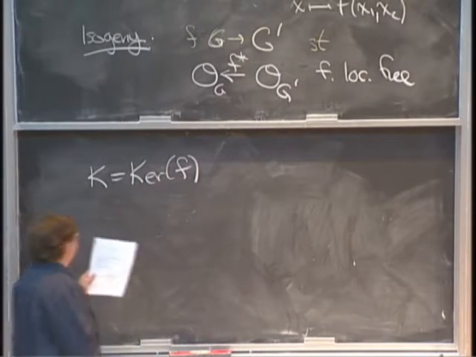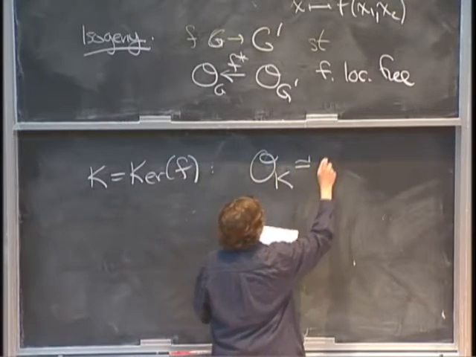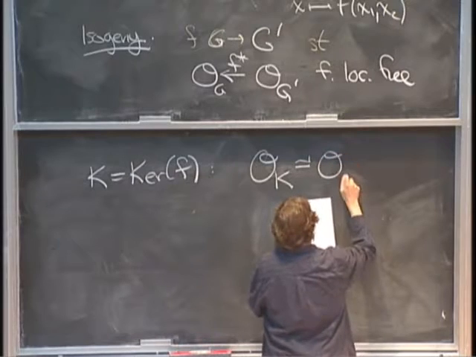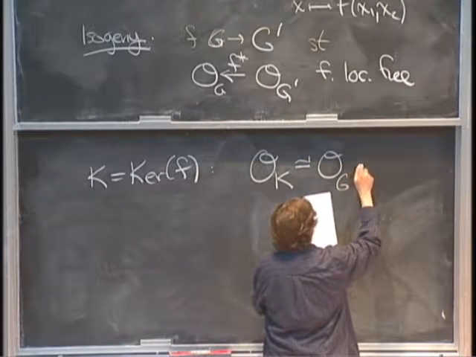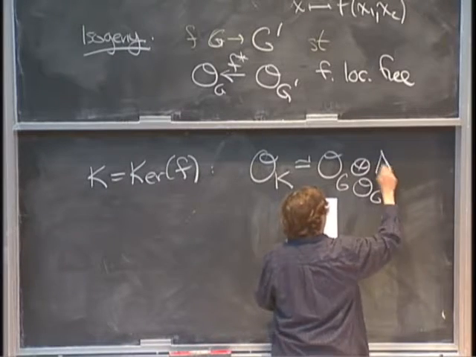So the kernel of F is built by taking the obvious ring of functions, where I tensor down along this map from O_G' to O_G down to the ground ring.